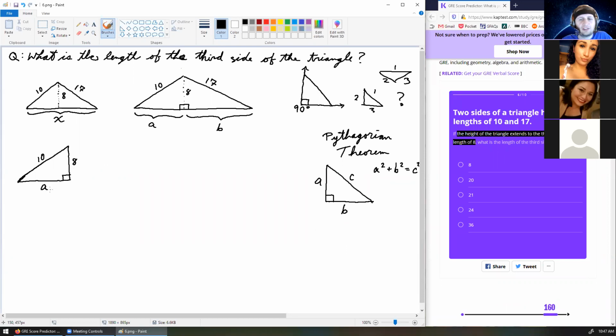Okay, Adelaide, you've got it. Patsy, you were right too. You both just got your letters mixed up. So it's a squared plus 8 squared equals 10 squared.